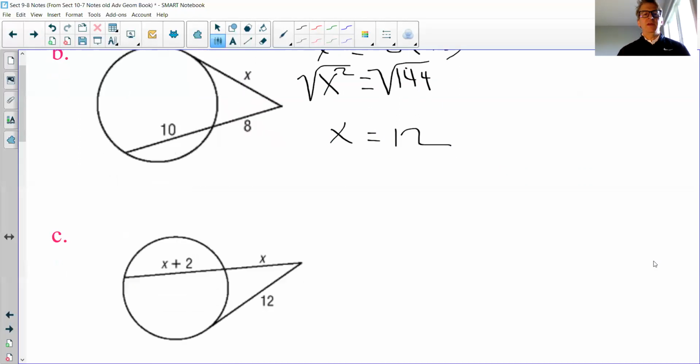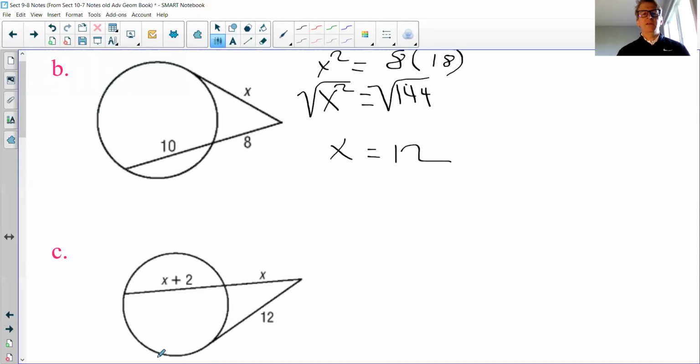Letter C, the tangent is 12. So we're going to square that, and that is equal to x times x plus 2. Now, x plus 2 is 2x plus 2. Okay, so keep that in mind.